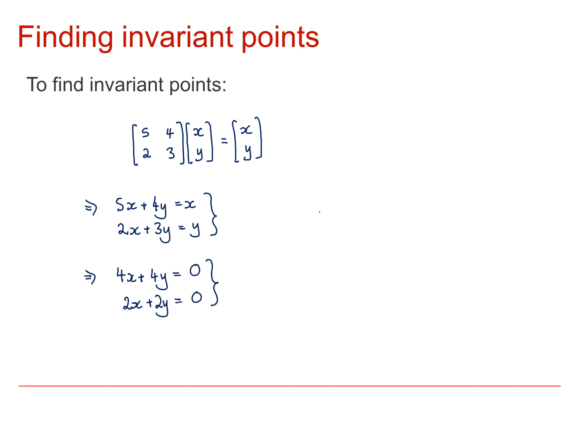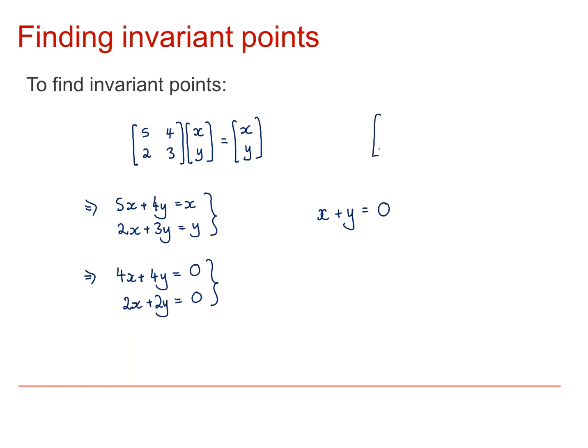But these are both the same equation. x plus y equals 0. We can't find particular values of x and y, but in fact we've got a whole set of values of x and y. Any pair of values that satisfies this equation won't move.